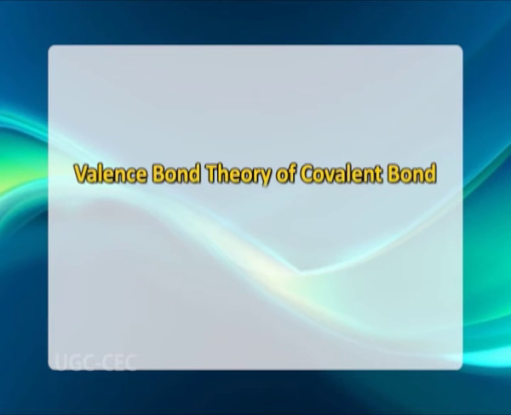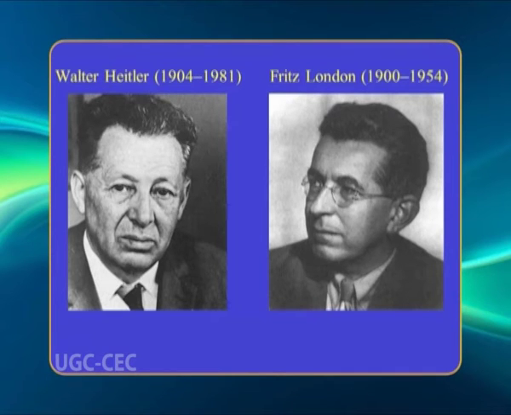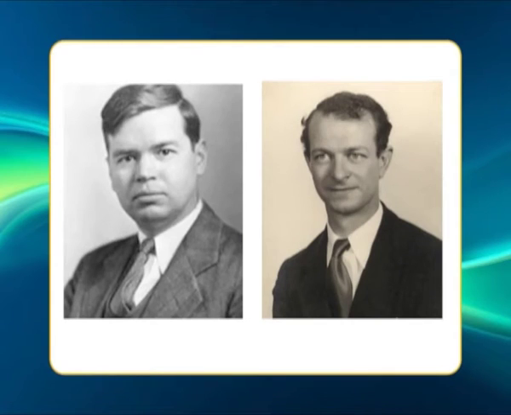There are various approaches which explain the formation of covalent bonds. One of the earlier approaches is valence bond theory of covalent bond formation. The theory is also known as the orbital concept of covalent bonding. The theory was put forward by Heitler and London in 1927 and was further developed by Pauling and Slater.